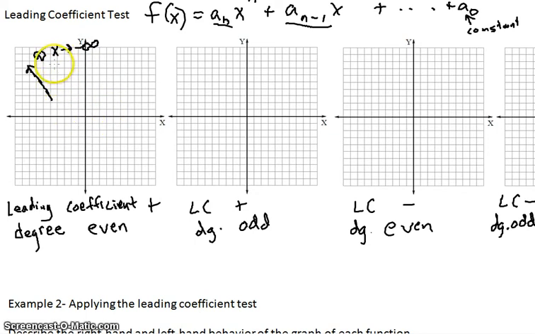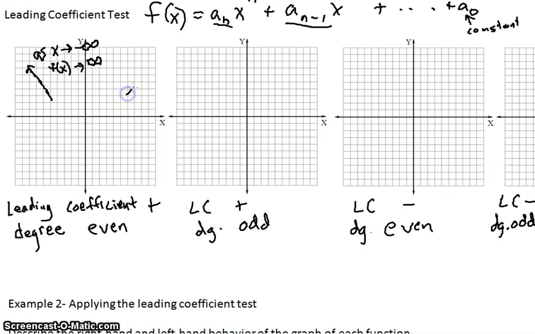What happens is that your y values, or f of x, go up. So it's going towards positive infinity. As x gets more and more negative, the function is going up.